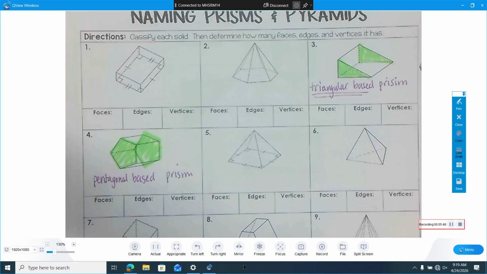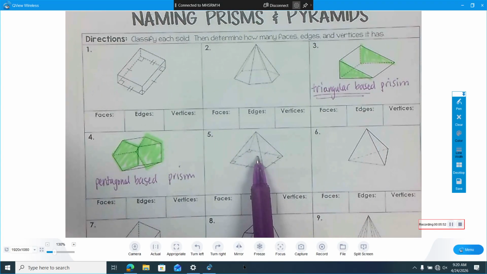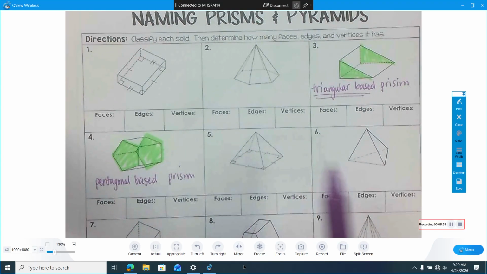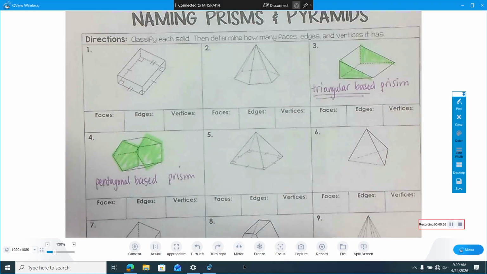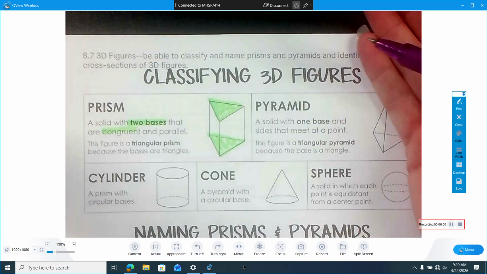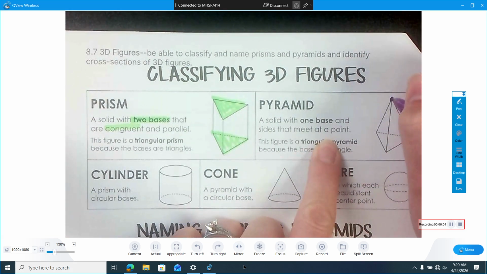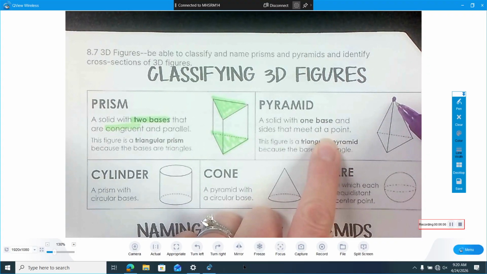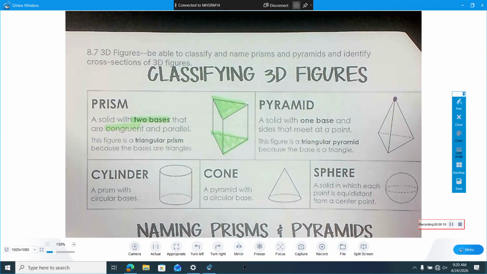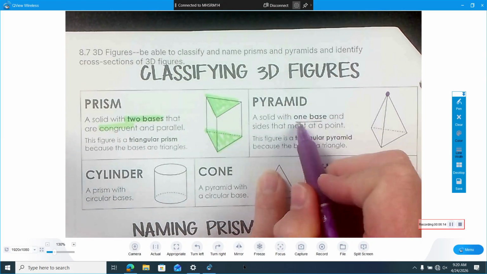Now, when we look at this figure, this is pretty clearly number 5. What's number 5? A pyramid, absolutely. When we recognize a pyramid, there's a few things. In a pyramid, all the edges, the faces, meet at a single point on top. But you should also know that it has only one base.